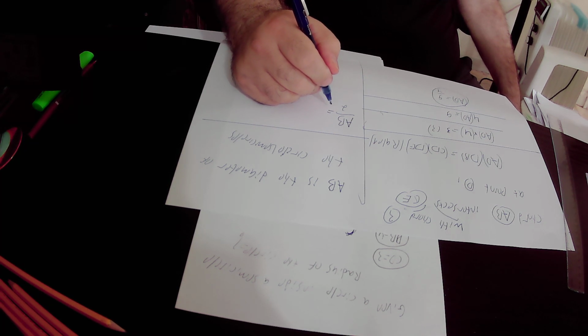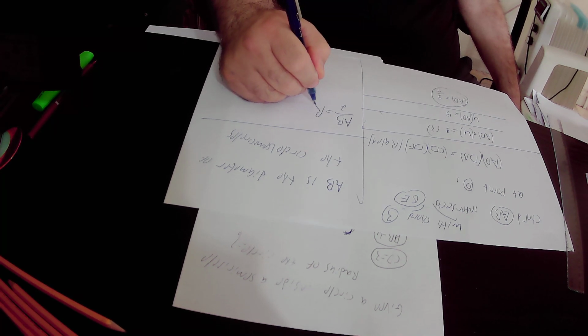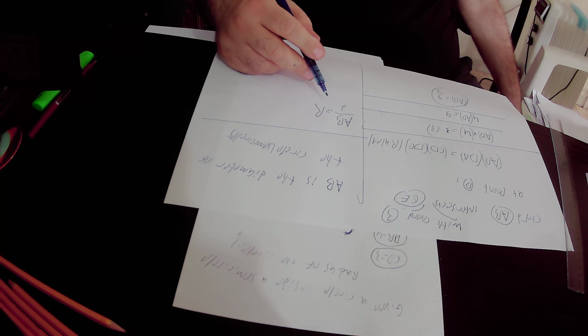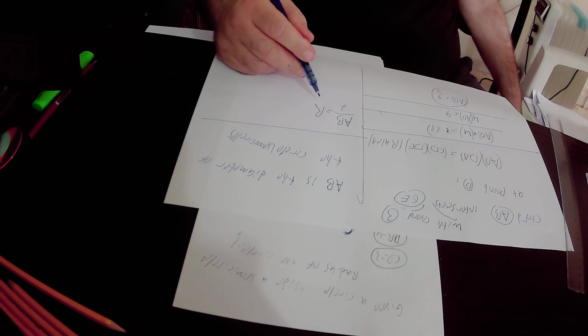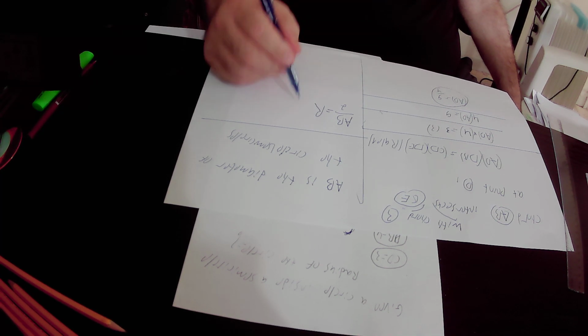We will define the radius of the big circle and also the radius of the semicircles as capital R. Therefore, the diameter AB over 2 will be equal to the radius of the circle and also the radius of the semicircles. Okay.